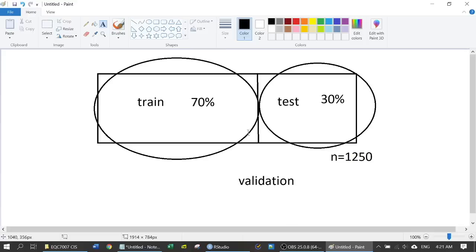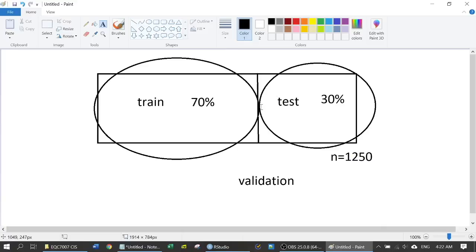The intuition behind this is that you only use the training data set to build your model. For the testing data set, you remove the response variable and use the information in the testing data set to predict what the response variable would be. Then you compare the response variable that you predicted against the actual value of the response in the test data set.